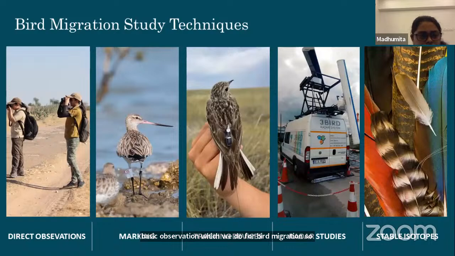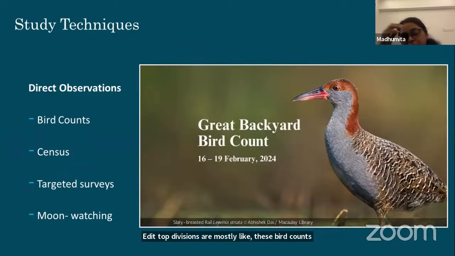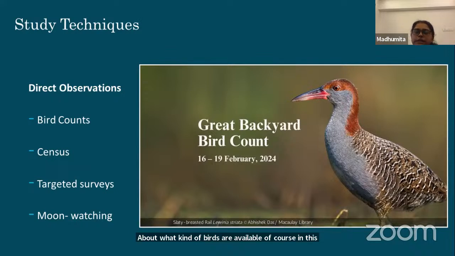Direct observations are mostly like the bird counts which recently happened, 16 to 19. When these kinds of bird censuses happen, they give information about what kinds of birds are available in this region, so that you can correlate in a larger data set.